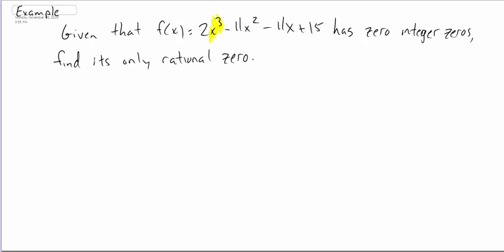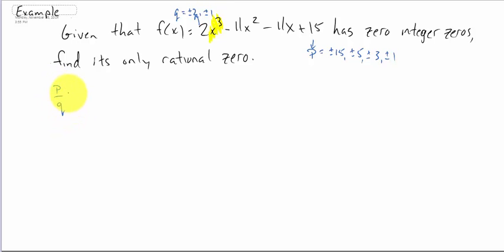So let's go ahead and use our rational root theorem. Our p comes from the constant term, and it's going to be plus or minus 15, plus or minus 5, plus or minus 3, plus or minus 1. Those are all the factors of 15. Our q comes from the leading coefficient, so that could be plus or minus 2 or plus or minus 1.